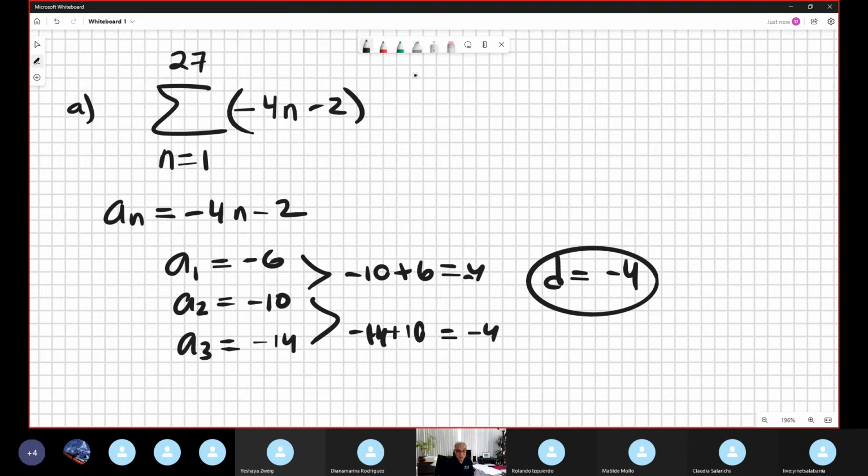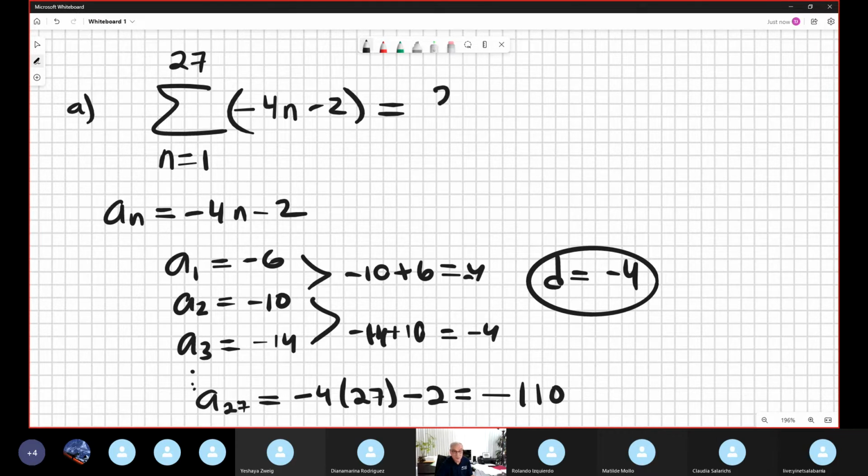But this is easy because you don't need to apply anything. The formula is okay. What is the last guy? The last guy is a27. So a27 is negative 4 times 27 minus 2. And the answer is negative 110. Let's apply the formula of the arithmetic sequence: 27, which is the upper limit, divided by 2.